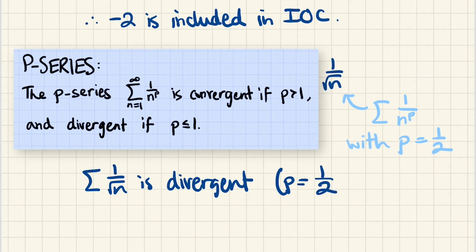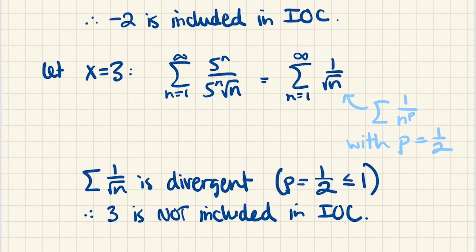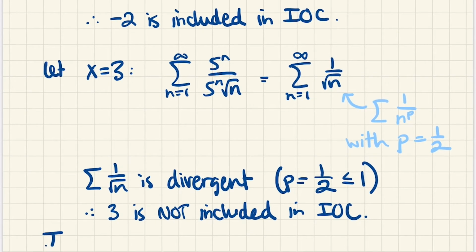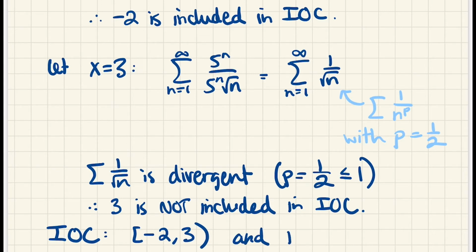What is it about 1/2 from which we can conclude that this is a divergent series? 1/2 is less than or equal to 1. So therefore, 3 is not included in the IOC. So our conclusion is that the IOC includes negative 2, but does not include 3. And the ROC, which we calculated earlier, is 5/2.